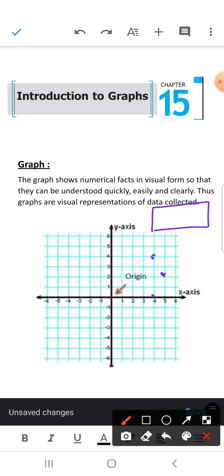Means for this x and y the required points will be: in class 4th I got 4th position, so 4, 4, class 4 position 4, and similarly class 5 position 2, so that will represent the required point x, y. By joining these 2 points you can make a line graph.